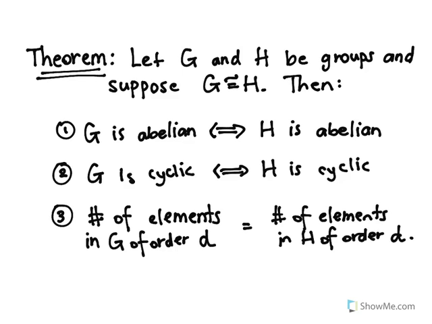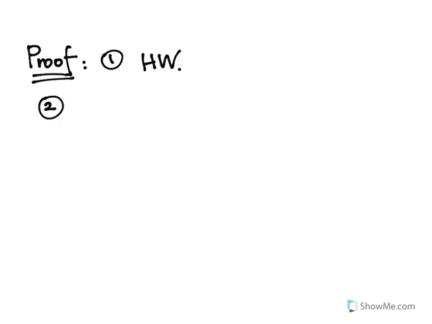Let me prove at least some parts of this for you. Actually, part one of this is something that you'll prove on your homework. So let's start together with part two, which is the statement that G is cyclic if and only if H is cyclic. That's an if and only if statement, and so the proof should have two parts.